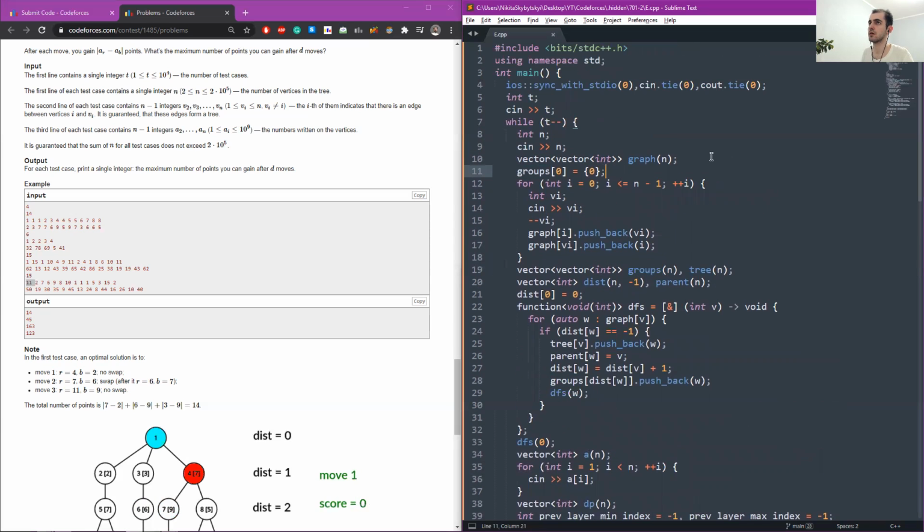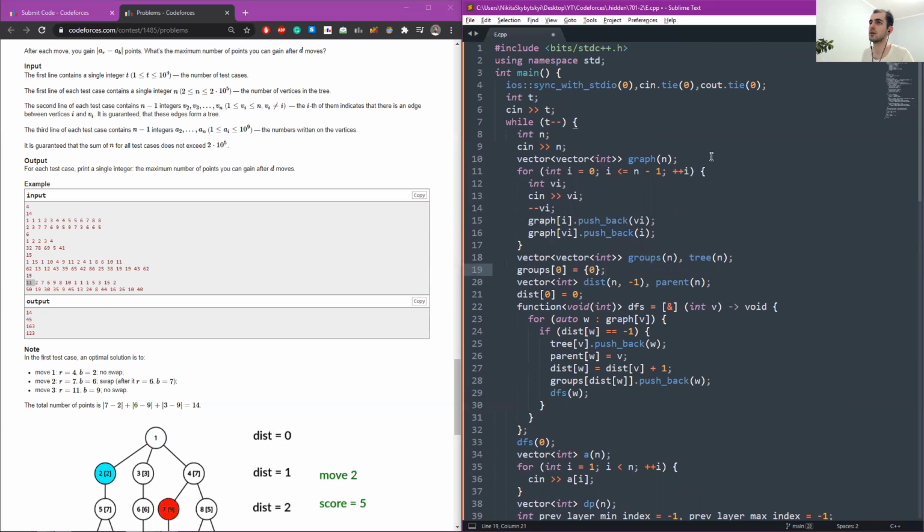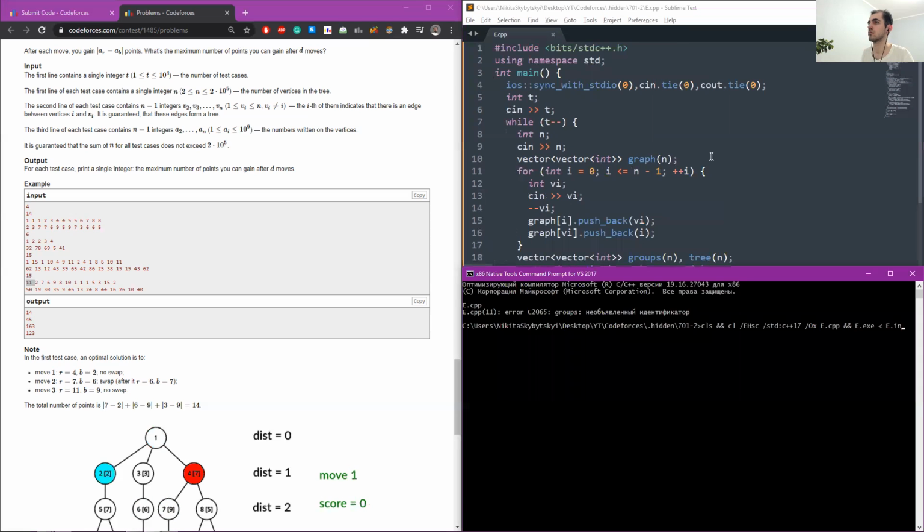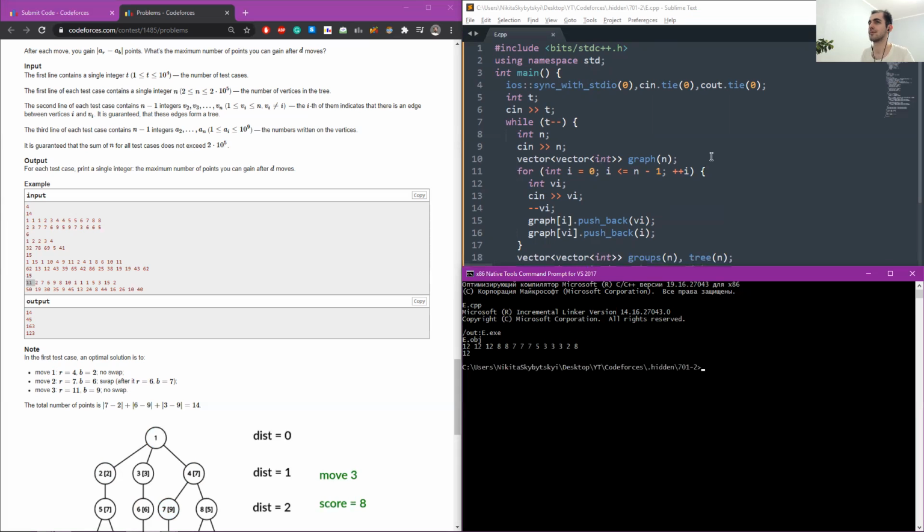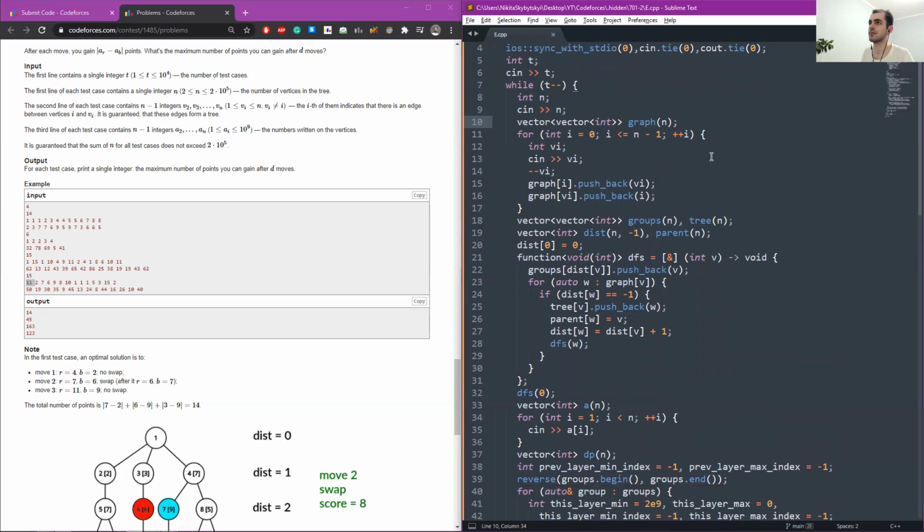Line 11. This should be done here. Just randomly breaking. Cool. Cool, not cool.